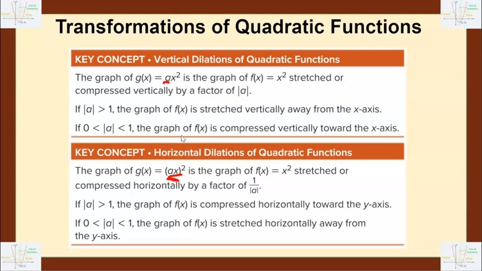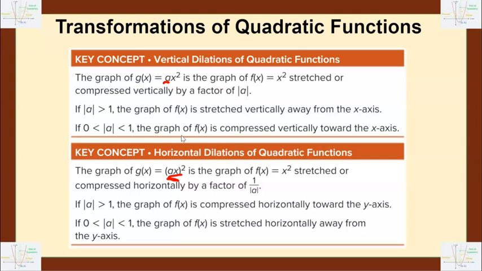So if the absolute value of A is greater than 1 for a horizontal dilation, it would be a compression horizontally. And if it's a fraction between 0 and 1, then that would be a horizontal stretch, because you're stretching it horizontally.